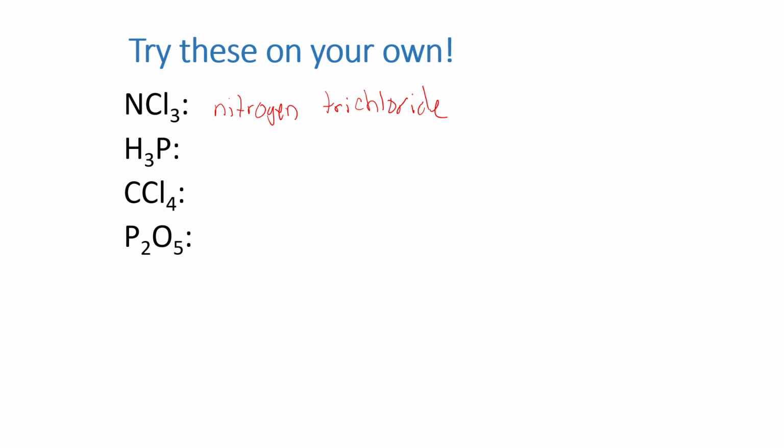I have 3 hydrogens, so 3 is tri. Hydrogen, straight from the periodic table because the first element gets the name from the periodic table. I have 1 phosphorus. Here's where I use mono. Phosphorus is the second element in the compound, so in this case I have to use mono, and it is phosphorus, which is going to become phosphide.